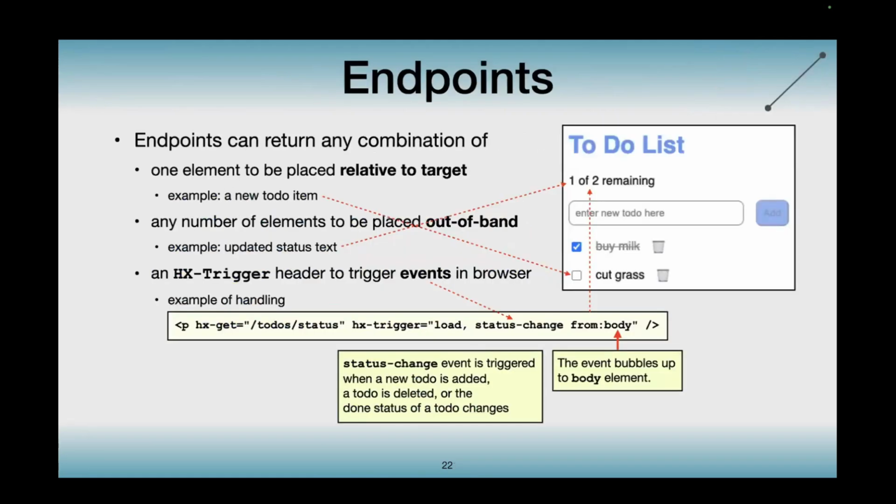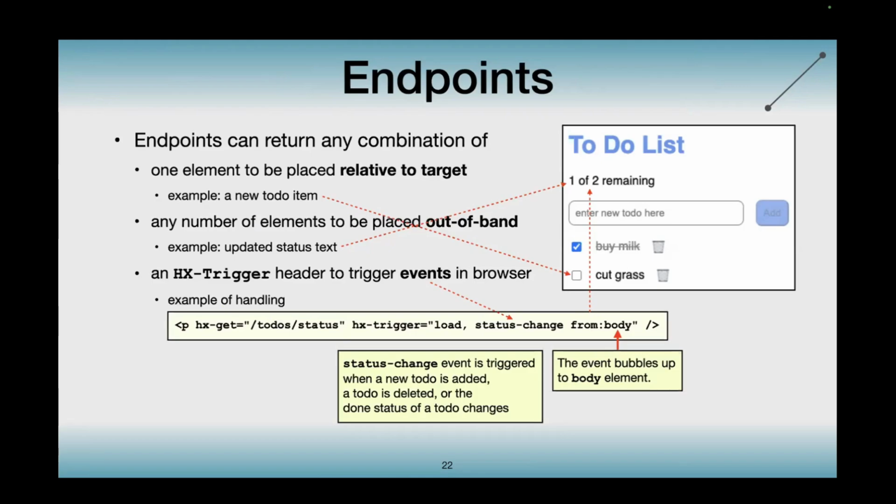The endpoint can return some HTML, but actually there are three ways that it can affect the page as it stands now. So the most common thing is that you're returning a single element that might have elements nested inside it, and that's going to be placed relative to the target element. And so if we think about a to-do application, if I type in text for a brand new to-do and I add it, well, what do I expect to happen?